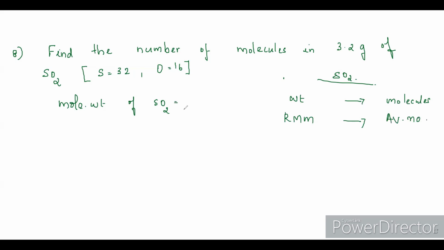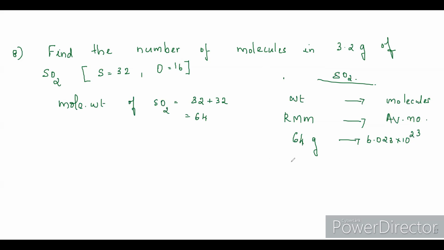Molecular weight has to be calculated: 32 plus 32, which is 64. Therefore, 64 grams will contain 1 Avogadro number, 6.023 × 10^23 particles.